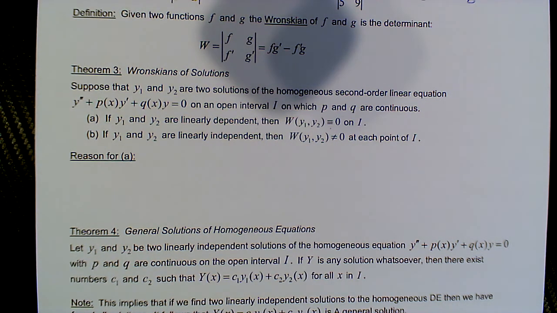And here's the reason why part A guarantees linearly dependent. Because if they are linearly dependent, as we saw to begin this discussion, we said that one function is a multiple of the other.